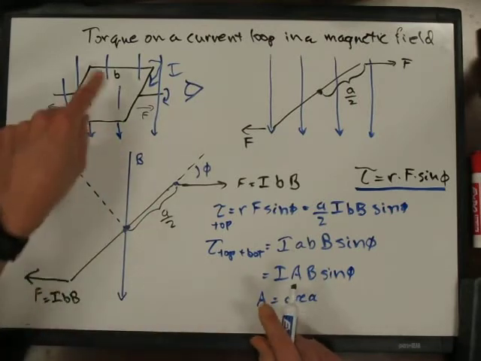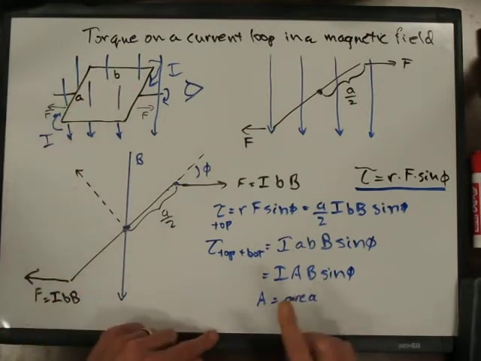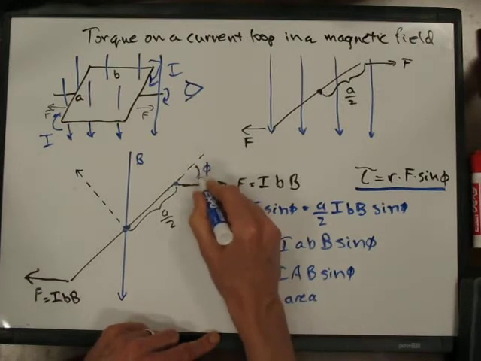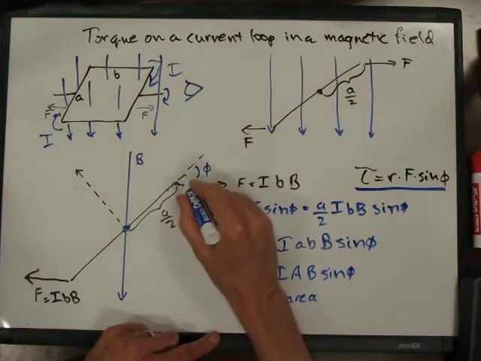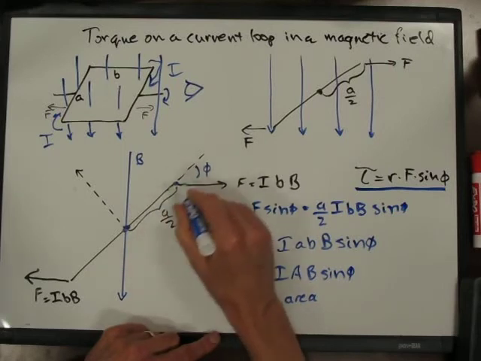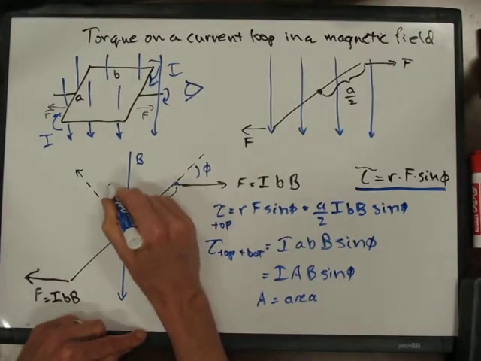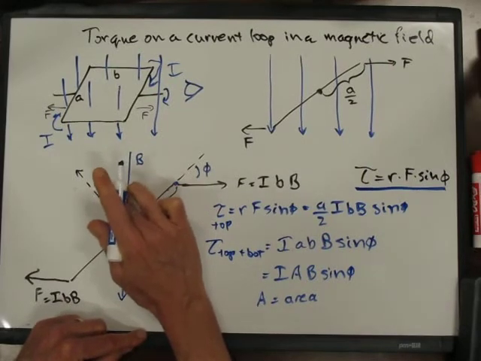It turns out the loop can have any shape, and you can be a circle or an ellipse or something like that, and the torque is I times the area times the magnetic field times this angle between the slope of the loop and the direction of the force. But it turns out that's the same thing as this angle. Whoops.